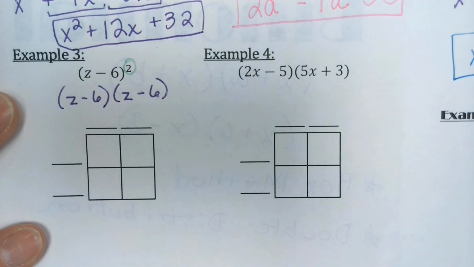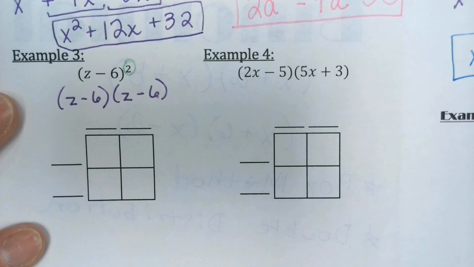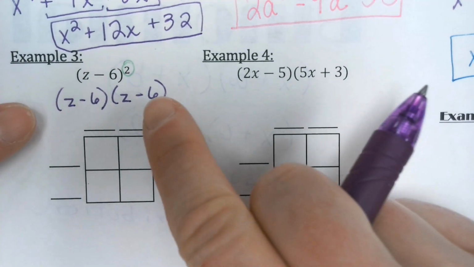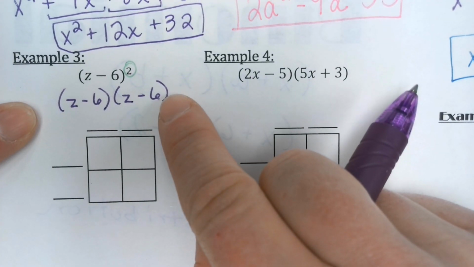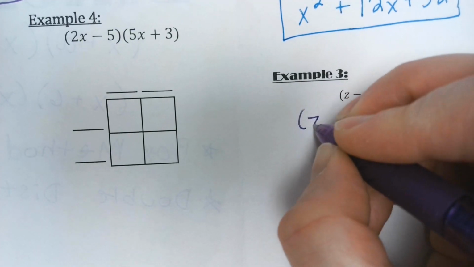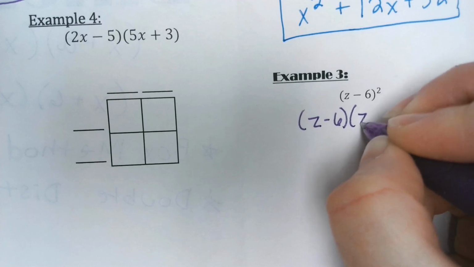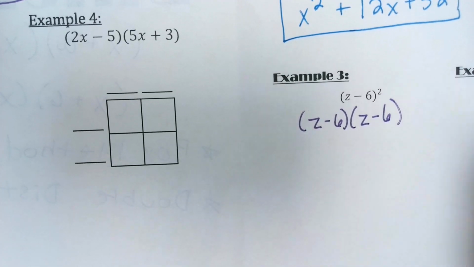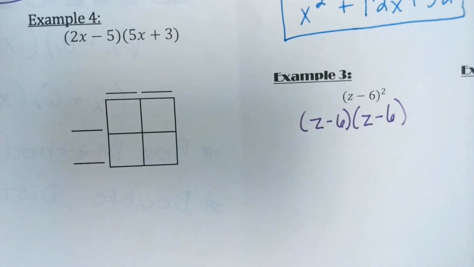But you can't do that because that's not how exponents work with binomials. You have to rewrite it as 2 binomials. All right, go ahead and rewrite this one too. And now you're going to do example 3 and 4 in the method that you choose. Okay? So go ahead and do that right now.